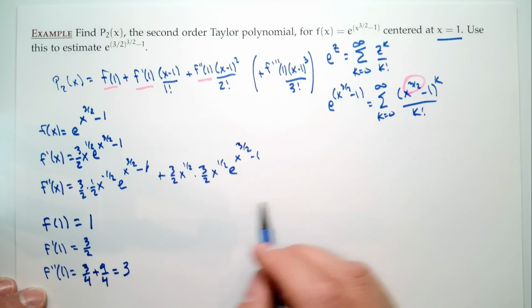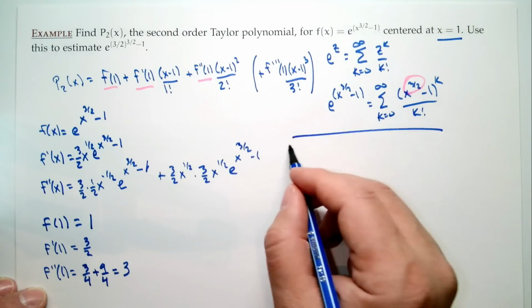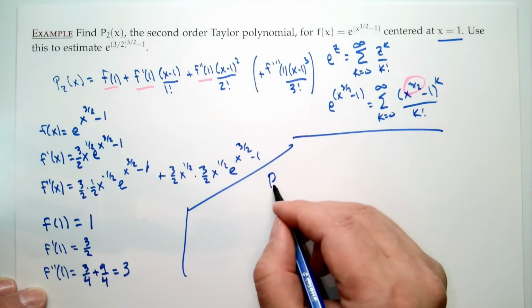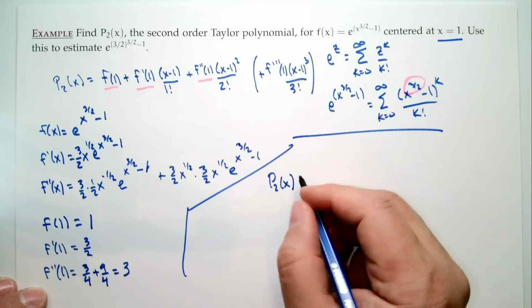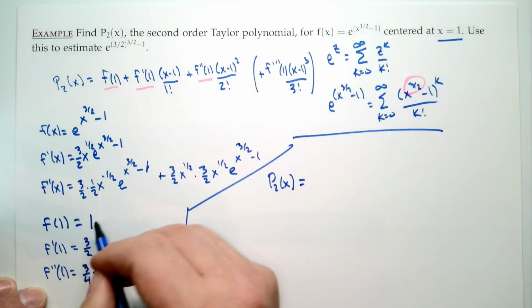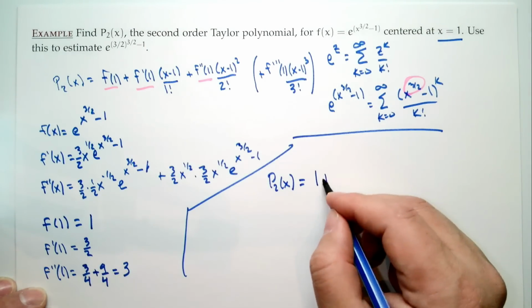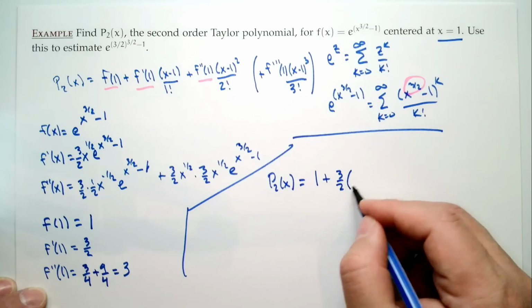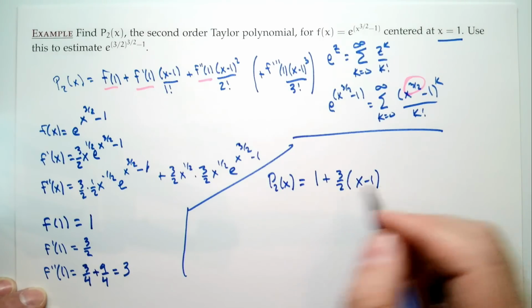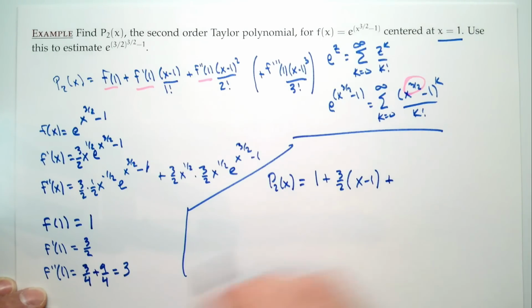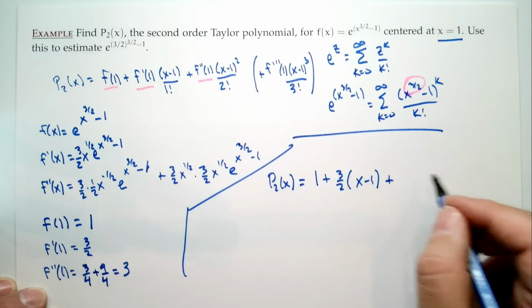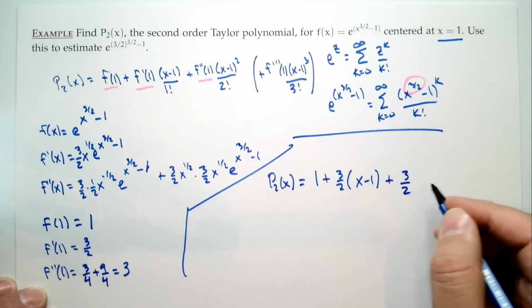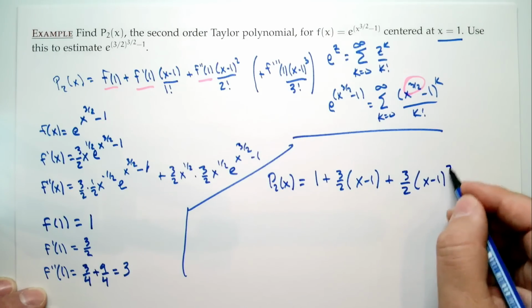So we get that our polynomial p sub 2 of x is equal to f sub 1, which is 1, plus 3 halves times x minus 1, plus 3 times x minus 1 squared over 2 factorial, which is also 3 halves x minus 1 squared.